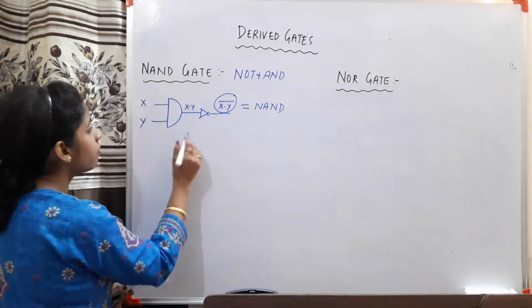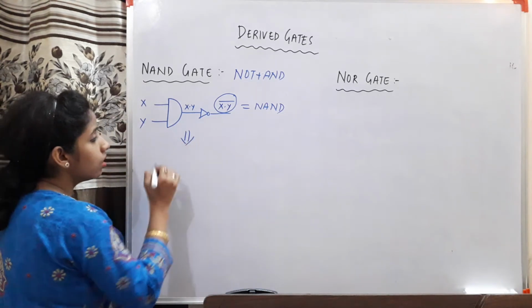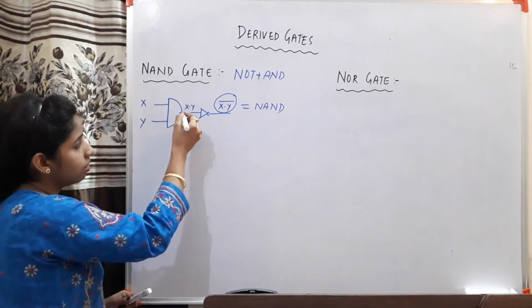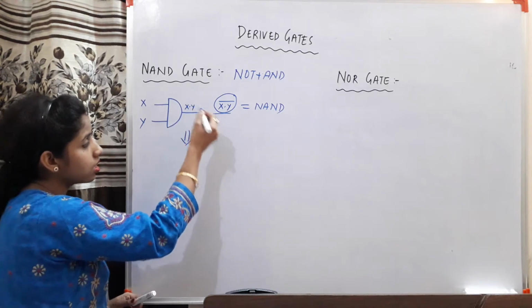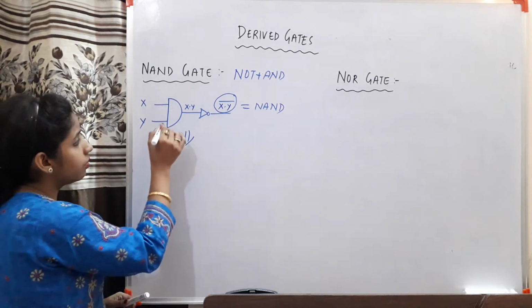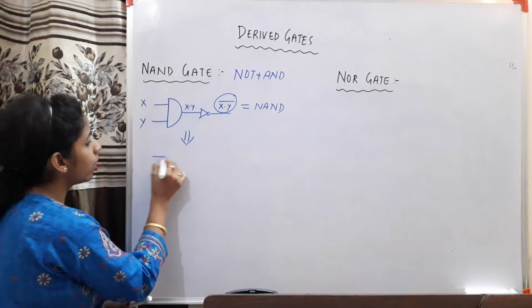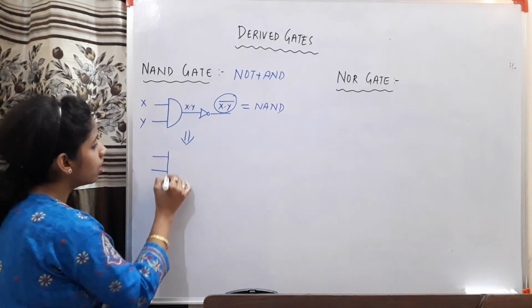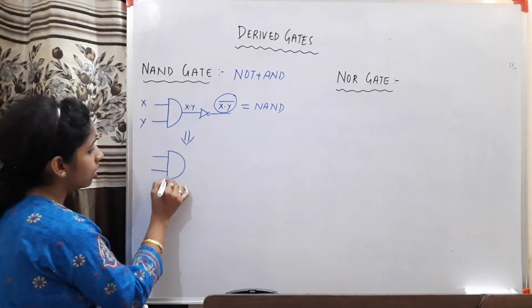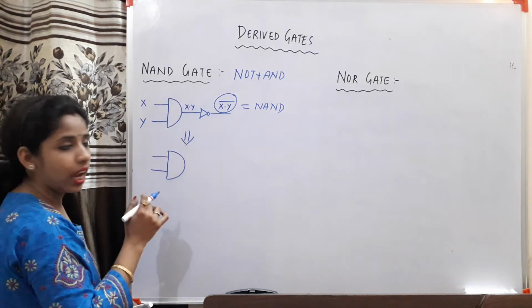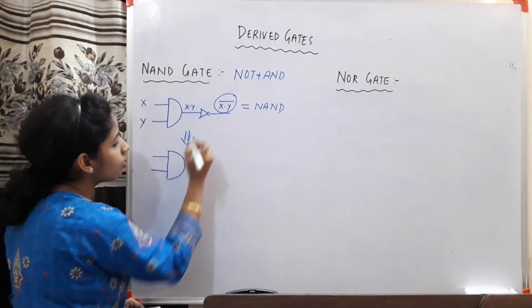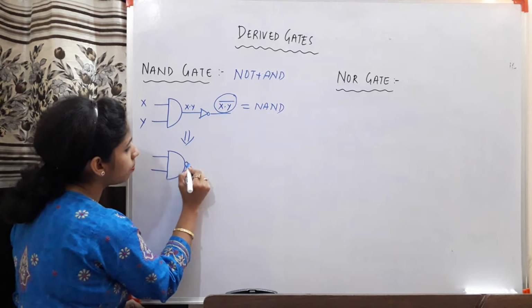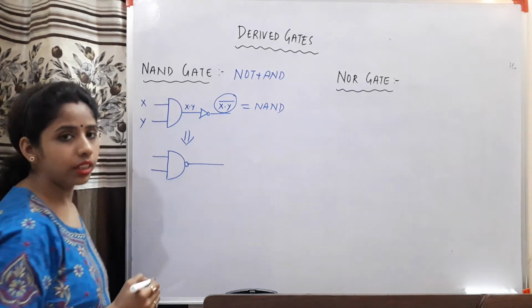Now if I find the final circuit of this gate, we have to combine these two gates into one, and then see what it will become. It will be this D part of the AND gate, and only the bubble of the NOT gate is taken to complete it.